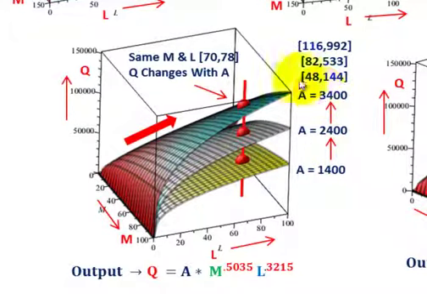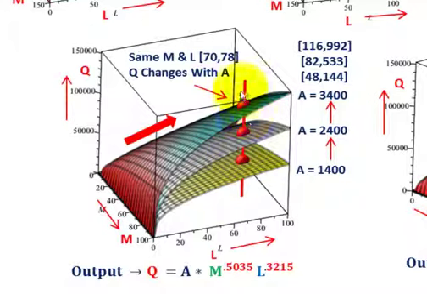At $1,400 we were sitting at $4,800, then at $2,400 we moved up, or $48,000, excuse me, and that generated $82,533. And then looking at $3,400, that revenue per unit or sales price per unit moves us up to $116,992.